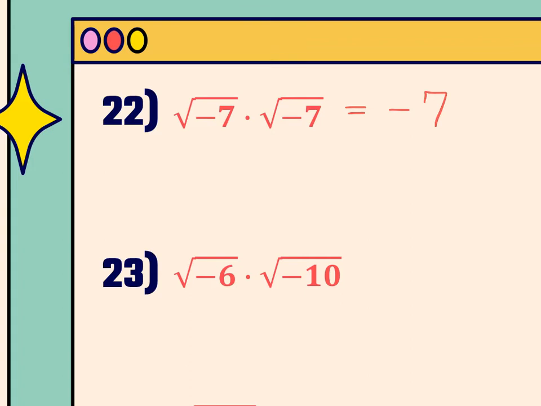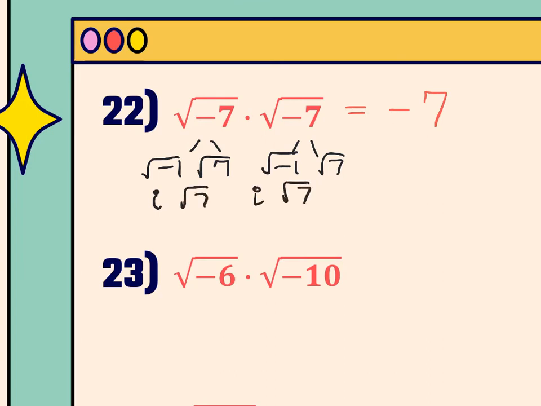Don't think of this as a negative times a negative becomes a positive. The other way that we would do it is the long way. I could break this into negative 1 times positive 7, negative 1 times positive 7. This square root is going to be an i. This one doesn't break down. Another i, and then a 7.